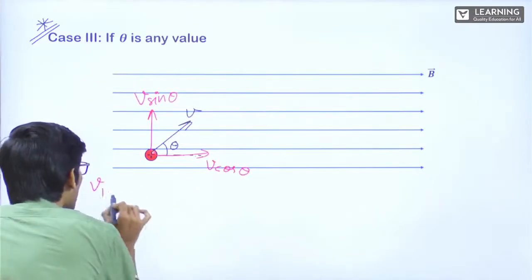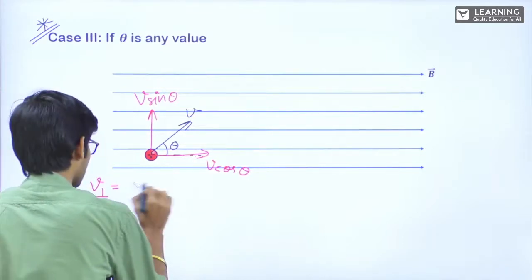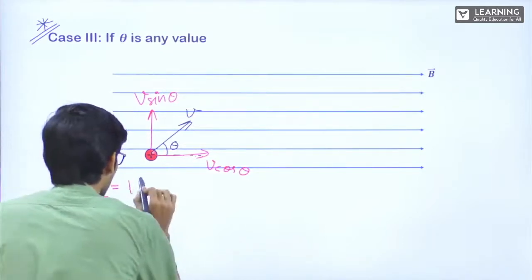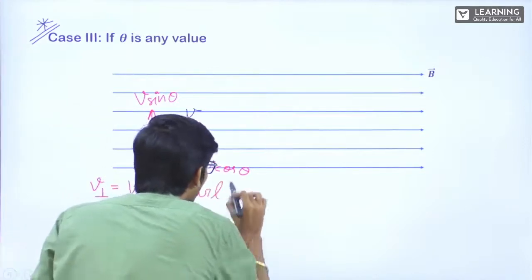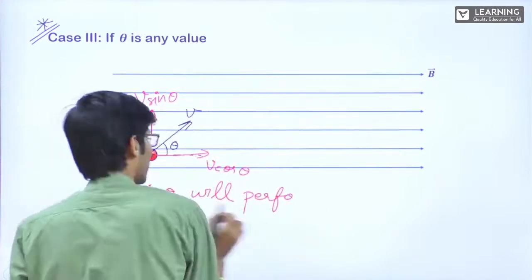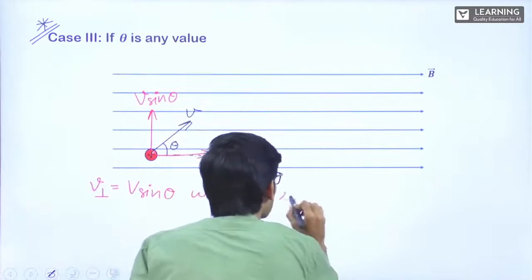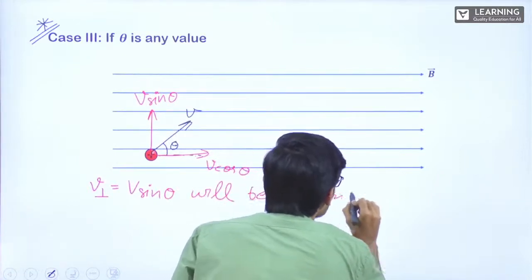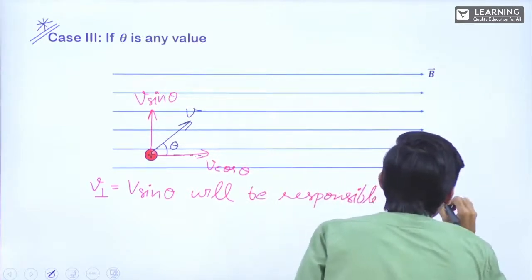V perpendicular, that is V sin theta, will be responsible for circular motion. Correct?